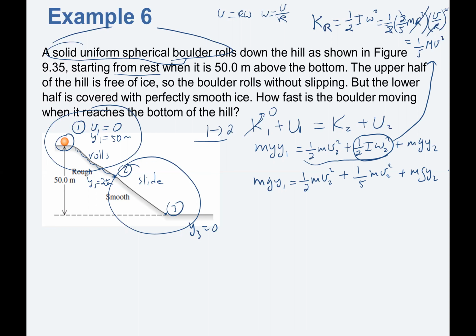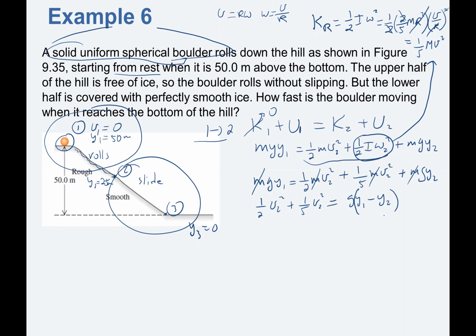Okay, then what can we do here? Well, we can cancel all the mass everywhere, and then I can switch the v's to one side. So 1/2 v2 squared plus 1/5 v2 squared equals gy1 minus gy2, or we can just factor it out: g times y1 minus y2.